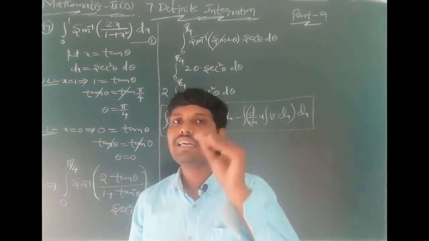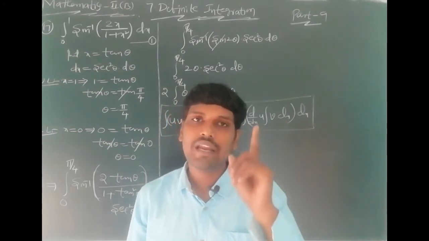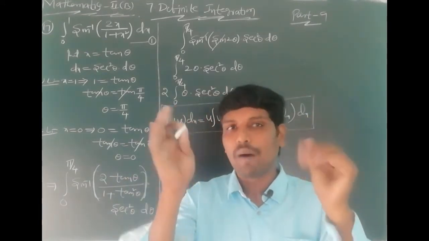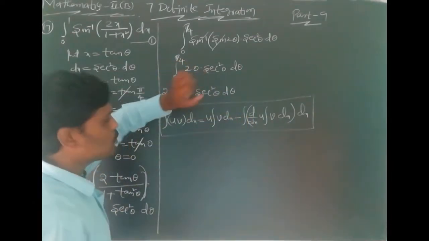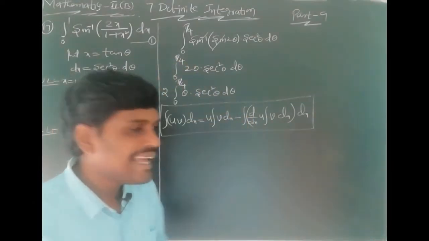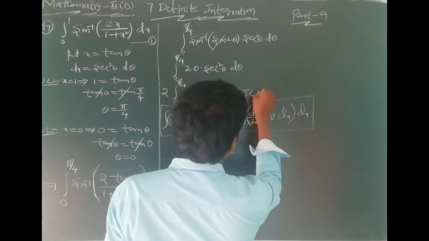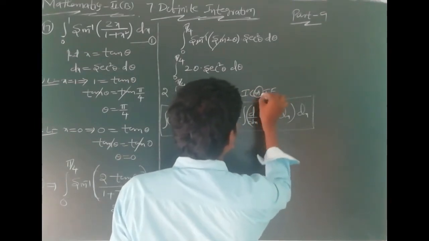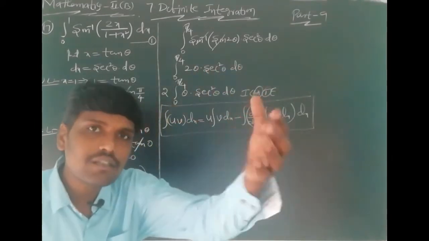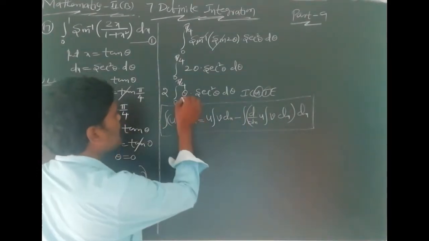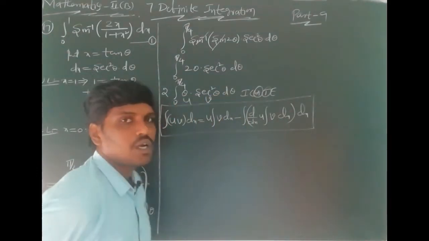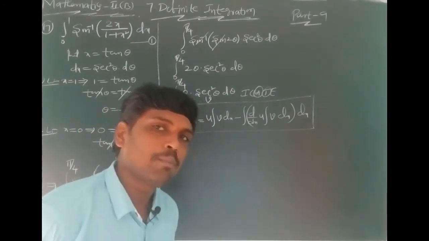In this integration by parts method, you use the product of two functions. Here also a product of two functions is there, so use ILATE. In this, first algebraic function, after that trigonometry. That's why you can write theta value is u, secant square theta, the trigonometric function, is v.